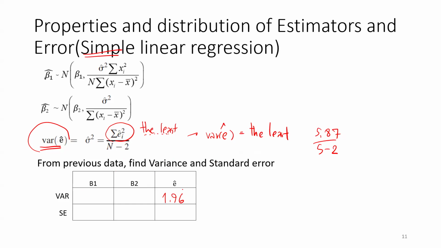And then please follow to read this one together. Beta 1 is normal distribution, with the average equal beta 1. So this is unbiased. Average of beta hat equal real data, unbiased, and has a constant variance. So this is variance.